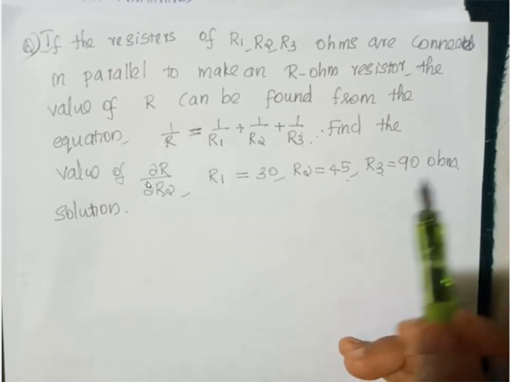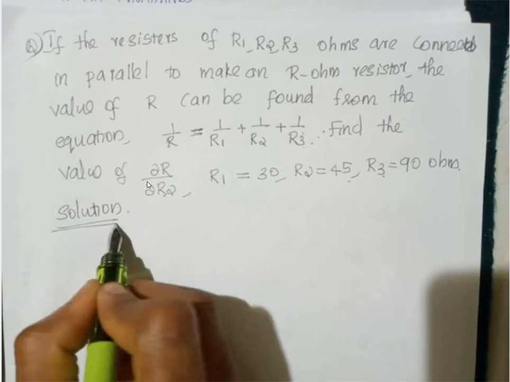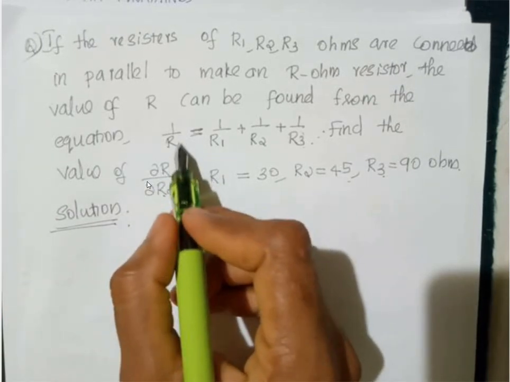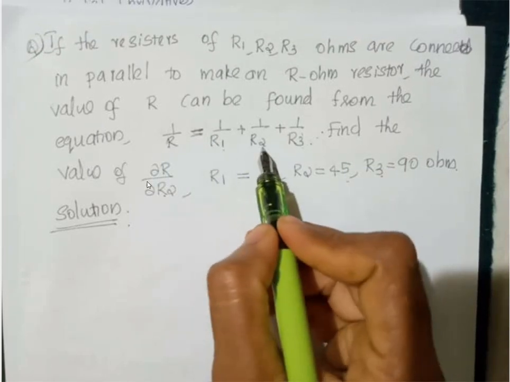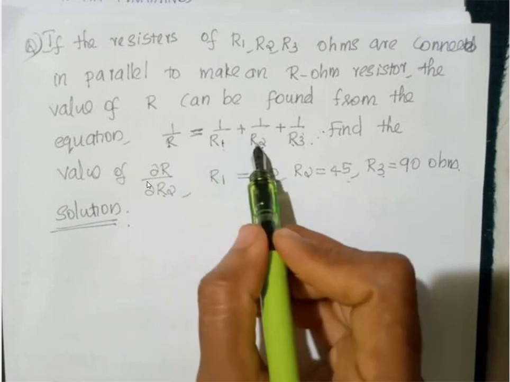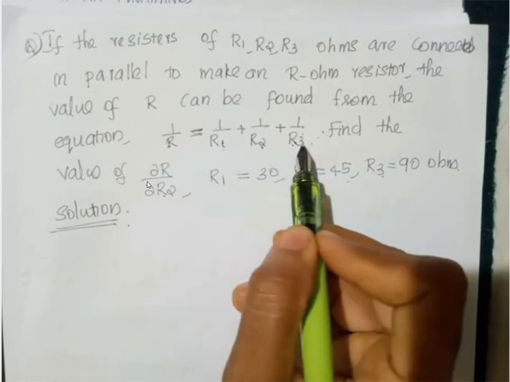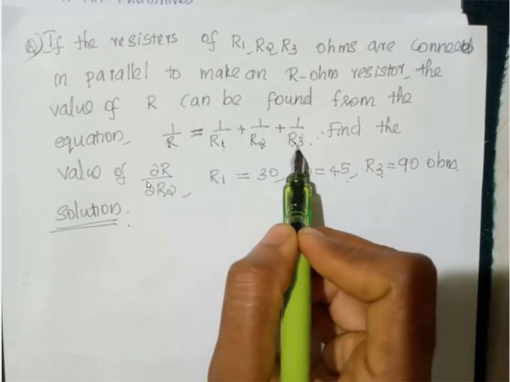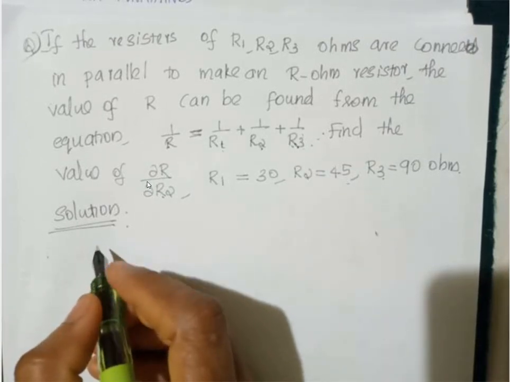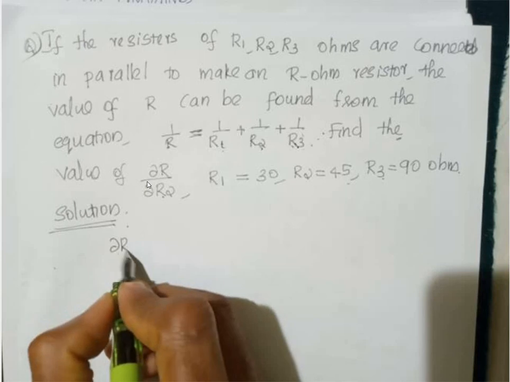How will you solve this? Here R depends on the three variables R1, R2, R3. We have to find ∂R/∂R2.